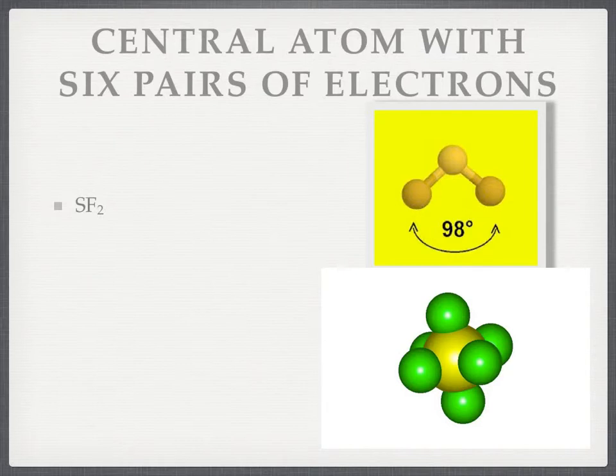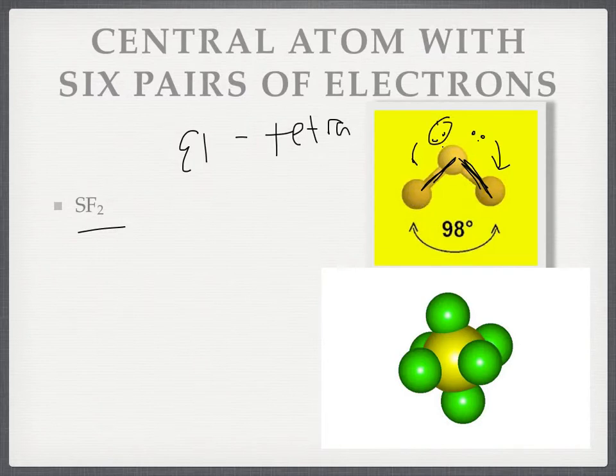All right, here's another example. Let's go with SF2, and we've got these unshared pairs of electrons. So once again, if we were talking about the electronic, that would be tetrahedral. But we're not going to talk about that as far as the molecular, as far as the shape. And so we get this molecule where these are forced down because these electrons take up space.